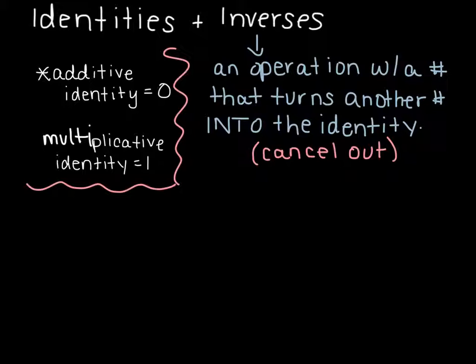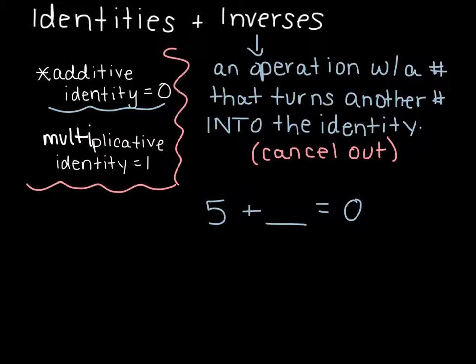Okay, so I want to show you what I mean. If I have a 5, let's say, I'm not very creative with my number choices today, and I want to add something to it that would not keep it as a 5, because that was the identity thing, but I want to turn that 5 into the additive identity, which is 0, which basically would cancel out the 5.